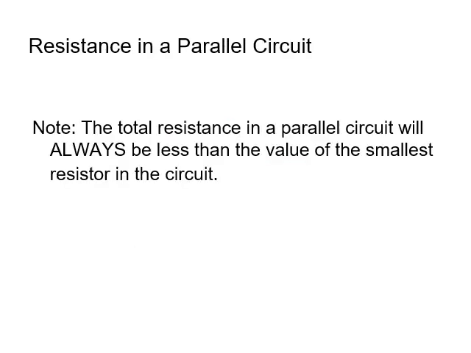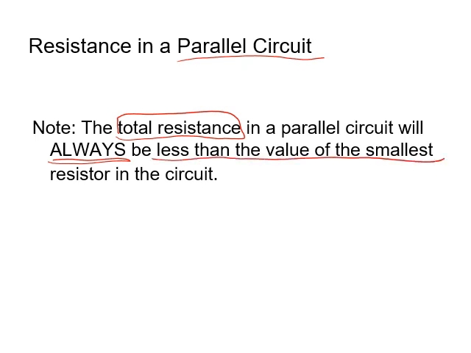So the first very important rule in parallel circuits is that the total resistance in that circuit will always be less than the value of the smallest resistor. And that's a very important rule to smell test your answer.